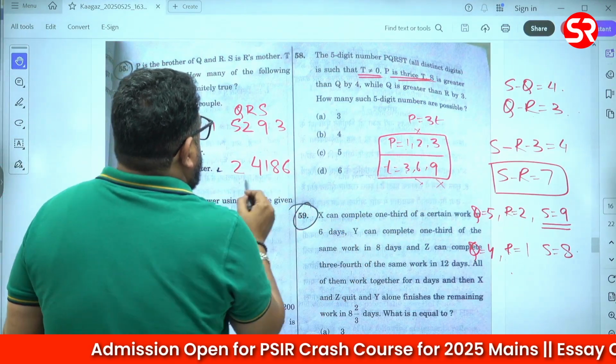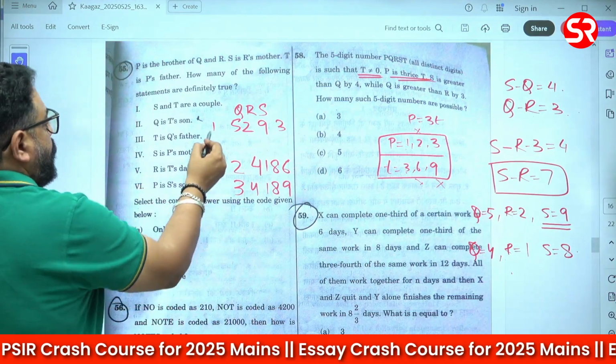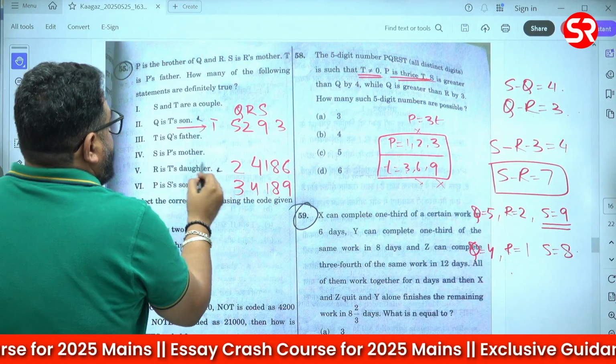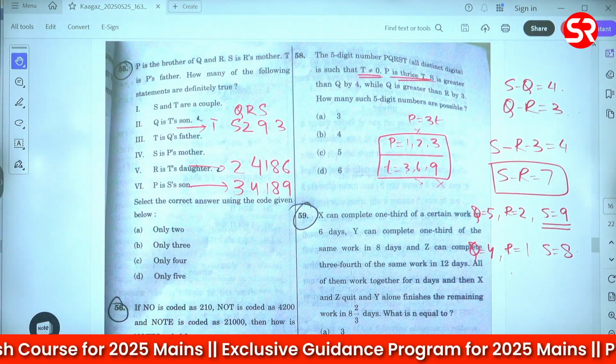And 3 and 9 would go. So इधर एक वैल्यू जा रहा था, इधर ये दो वैल्यूज बन गई, ठीक है.